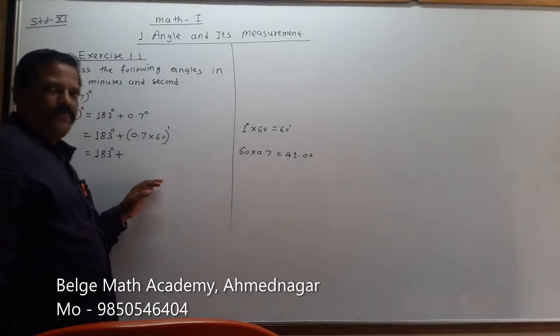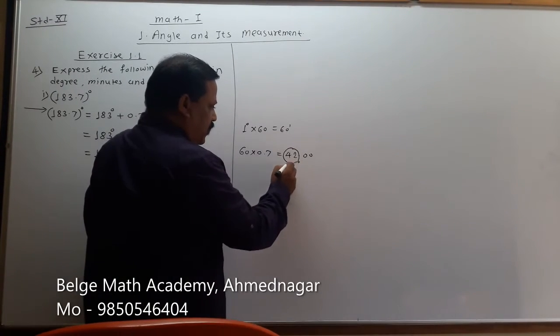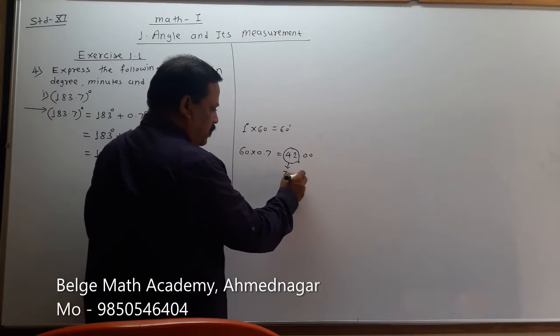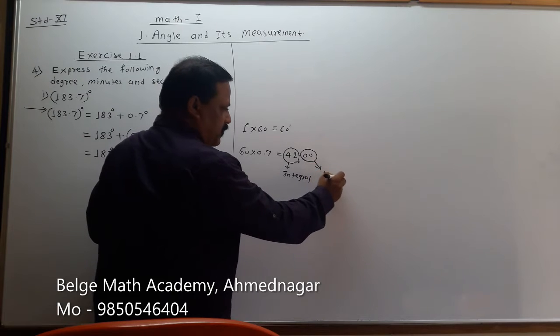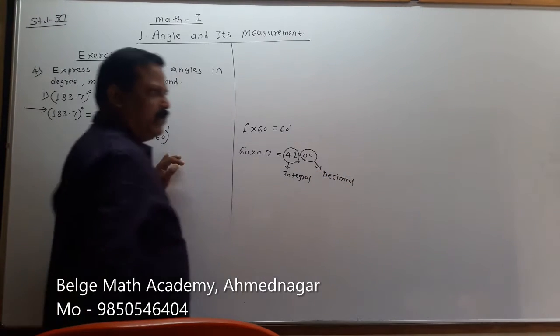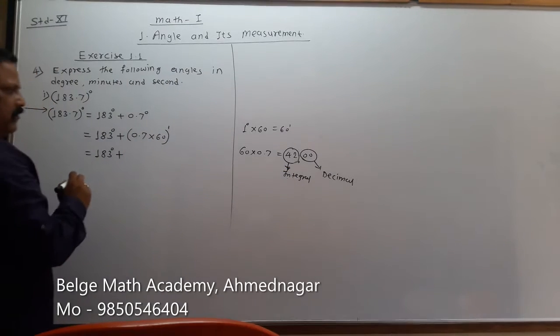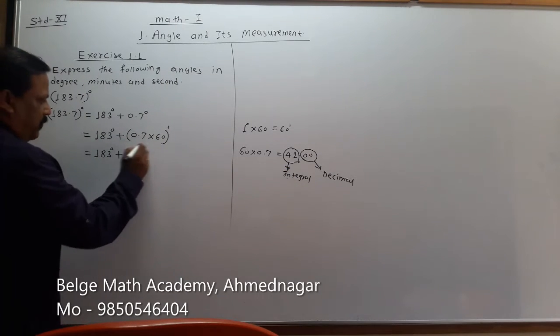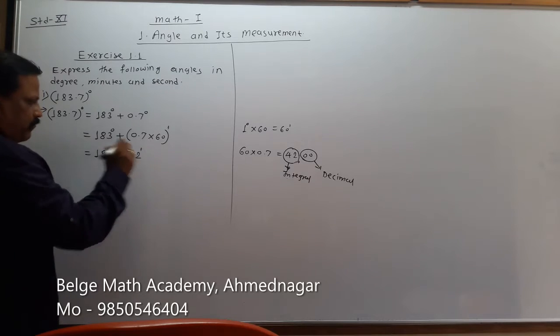In this multiplication, 42 is the integral part and 00 is the decimal part. Now this integral part is converted into minutes. So this multiplication gives 42 minutes.